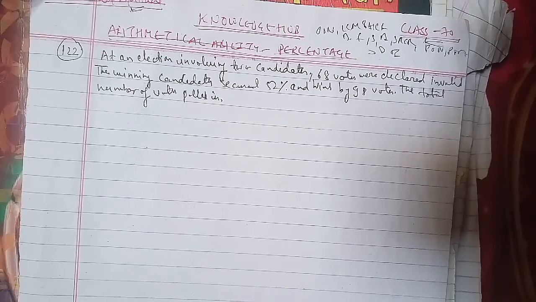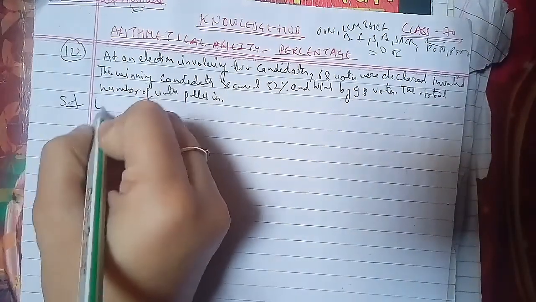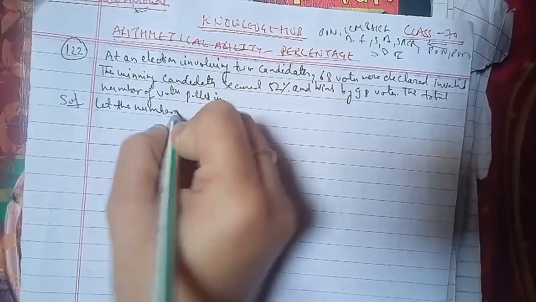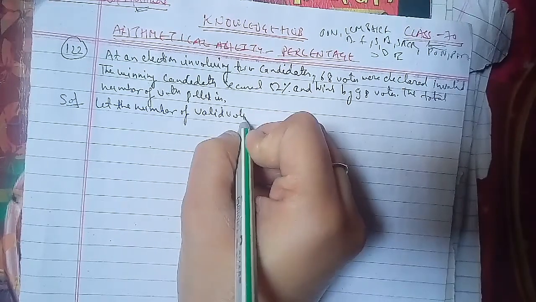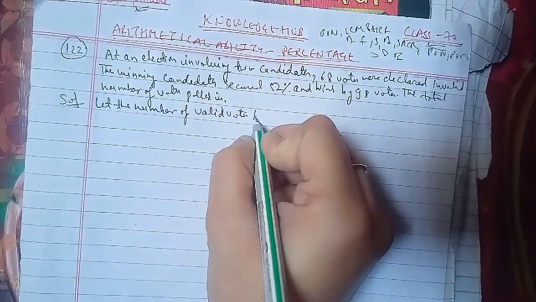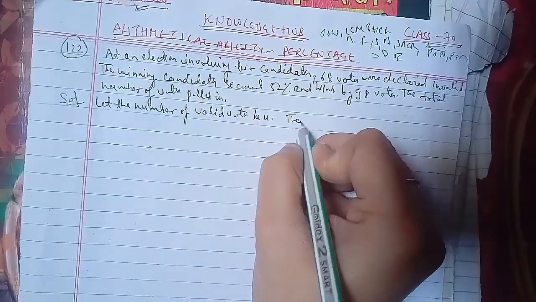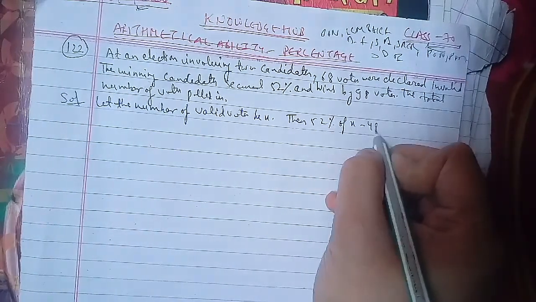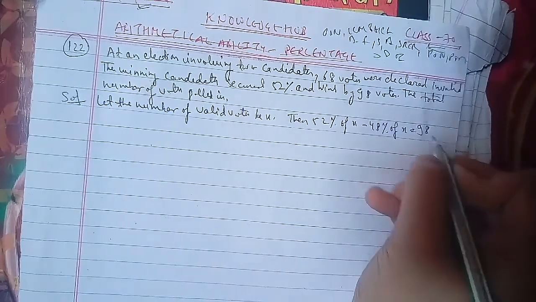Solution: let the number of valid votes be x. Then 52% of x minus 48% of x is equal to 98.